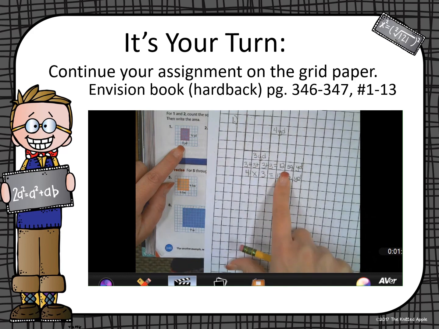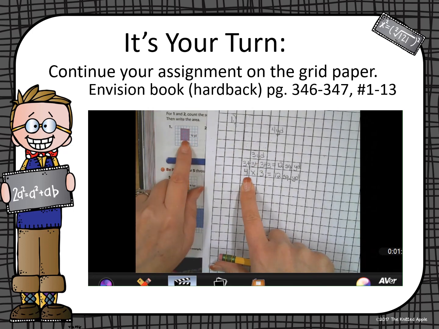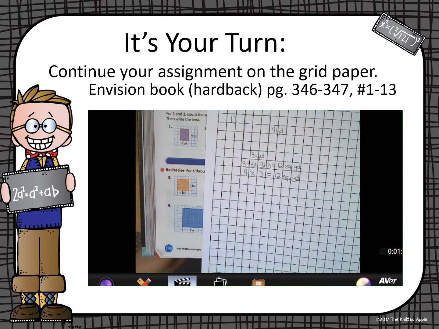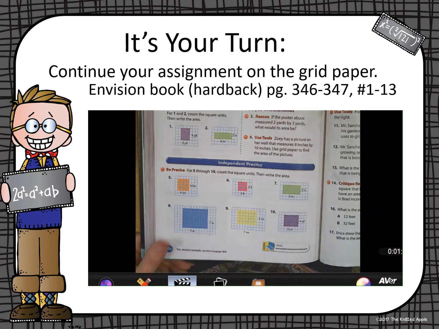And you are going to also write a multiplication sentence with your array. It's going to be the number of rows multiplied by the number of squares in each row, which would be in this case 3. You're going to do problems 1 through 13.